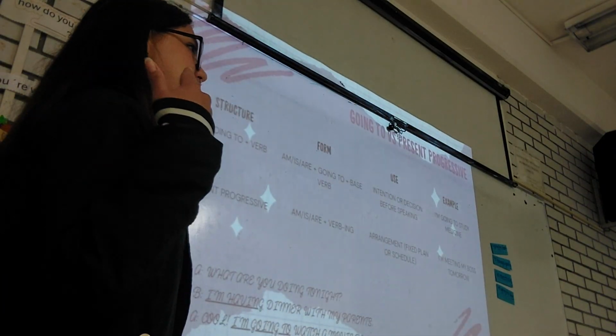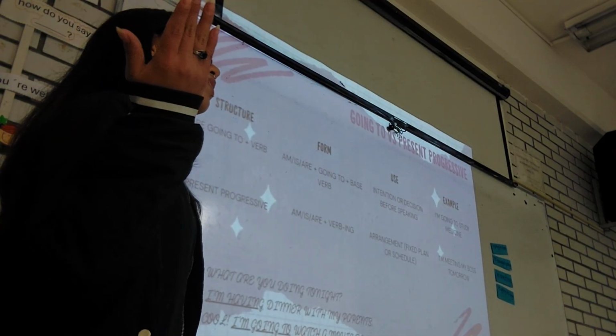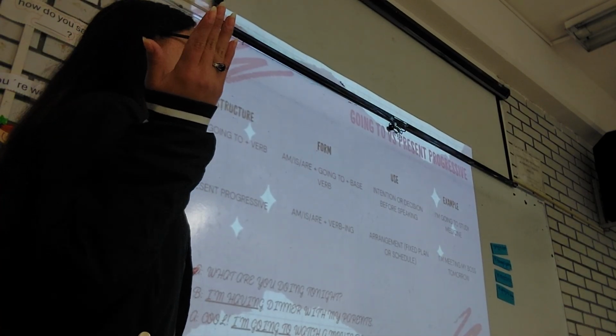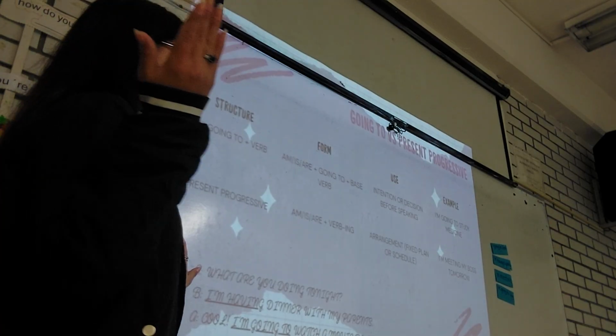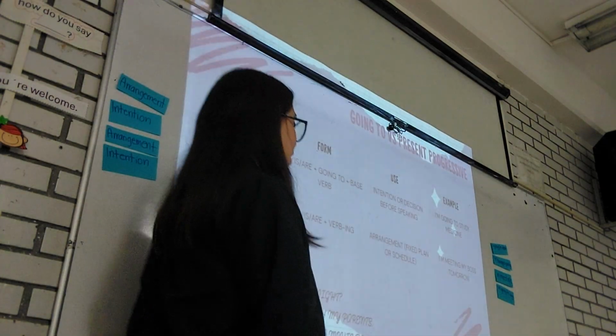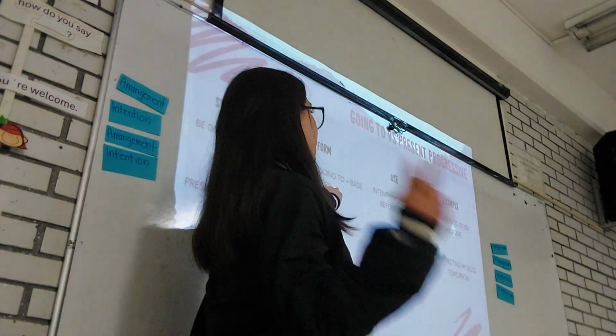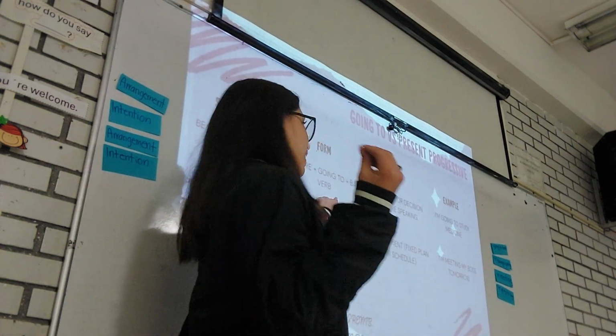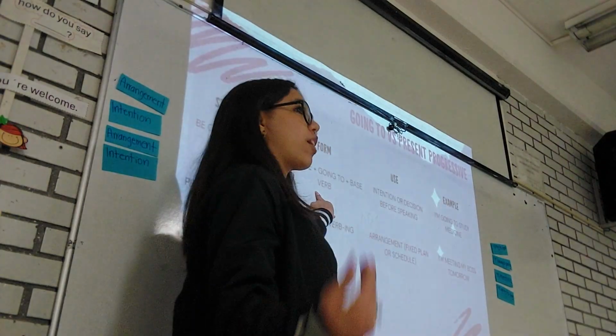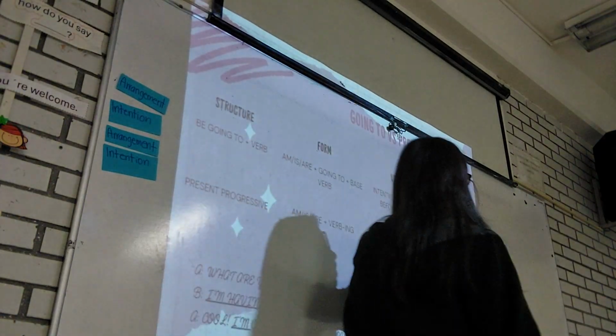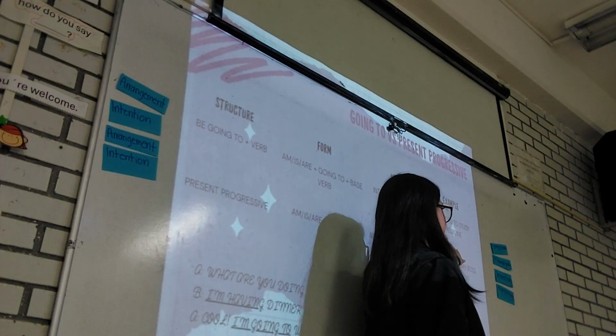So before saying anything, I'm thinking I'm going to eat just a croissant. I'm going to eat just a croissant. So I'm going to eat, that is the base verb, a croissant. Okay, so here is the example.